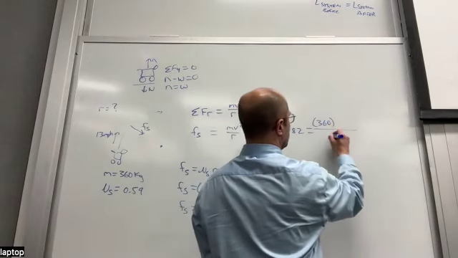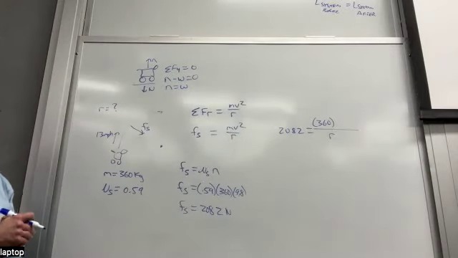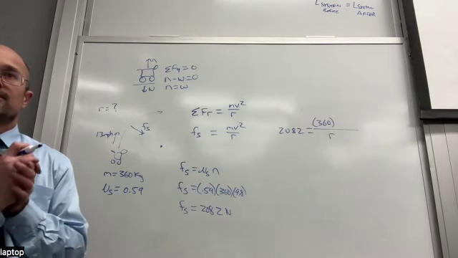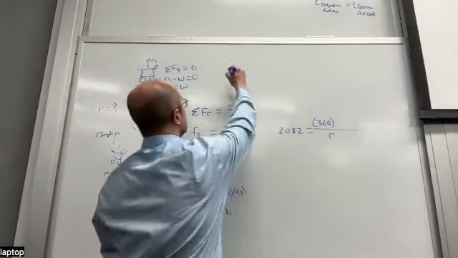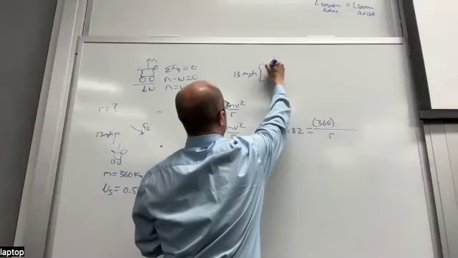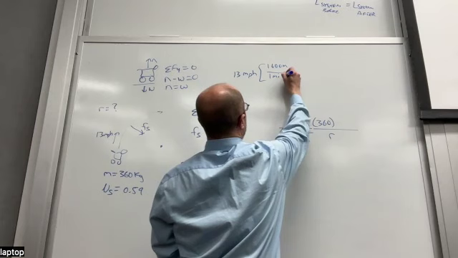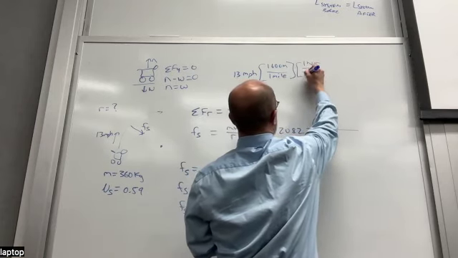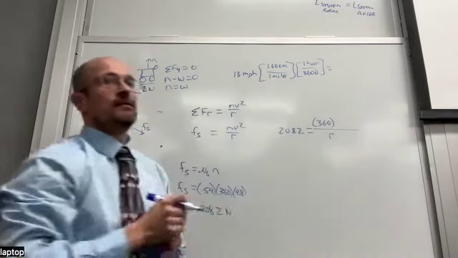Now the only other thing we need to do is convert our v from miles per hour to meters per second. The fastest way is the 4 nines trick. If you take your 13 miles per hour and remember there's about 1,600 meters in 1 mile, and in 1 hour there's 3,600 seconds, this is 4 nines.